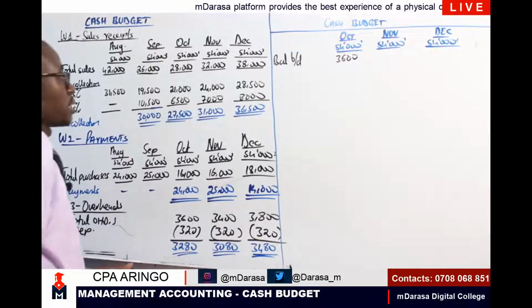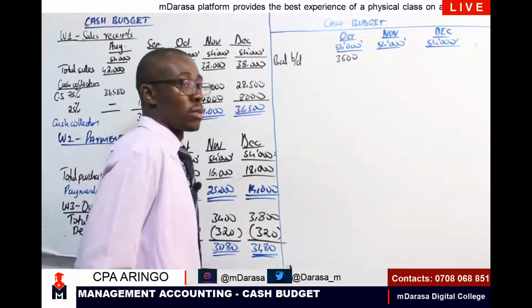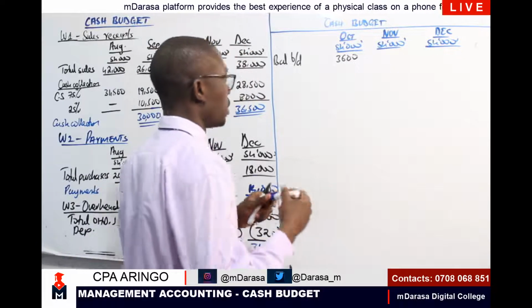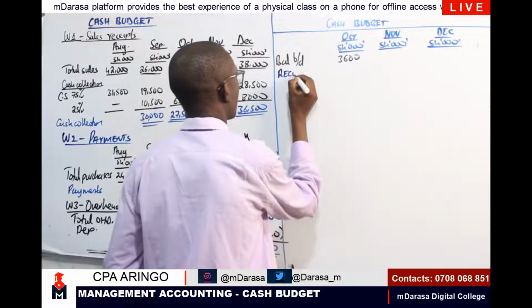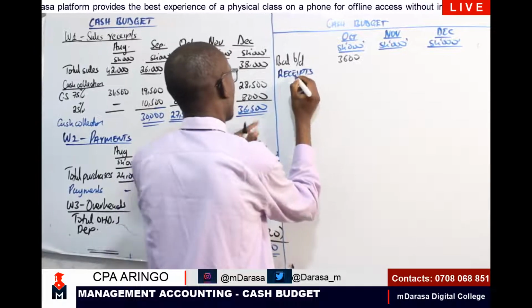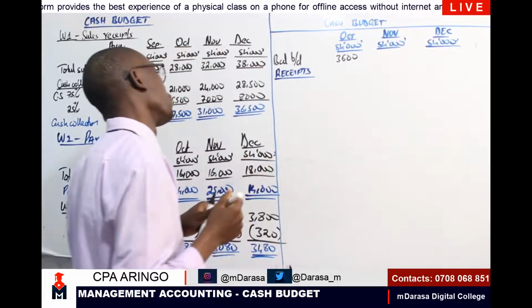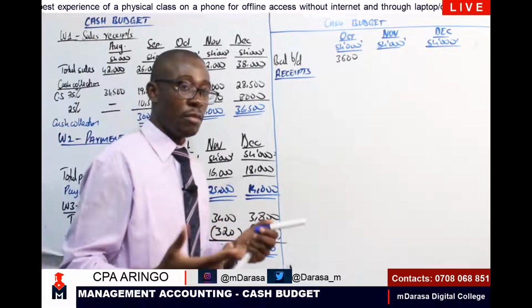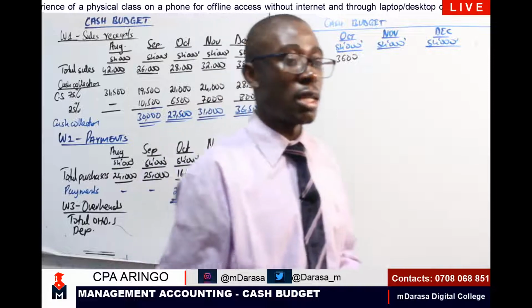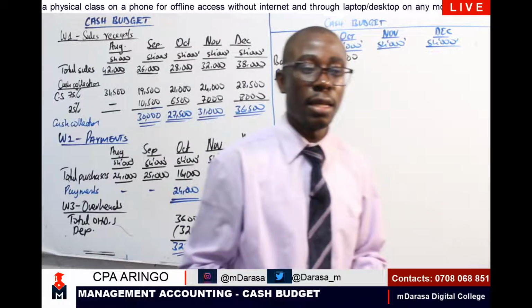Consider our receipts, my good students. What will we be having as our receipts? Receipts during the period. At this point, we didn't take any form of loan. We didn't receive any form of dividends. In this case, we didn't sell any item of fixed asset.